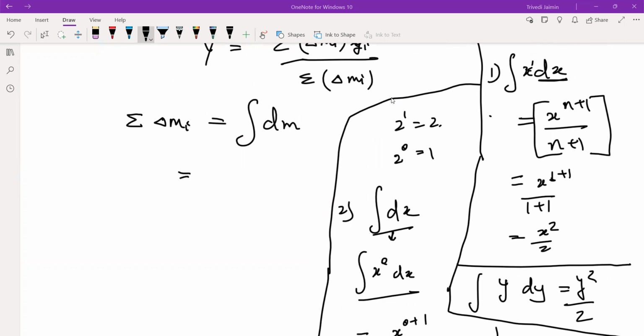Okay, let's come back to our question. Integration of dm. What would be the integration of dm? We'll say the answer. Yes, Sai, tell me. You will answer this.